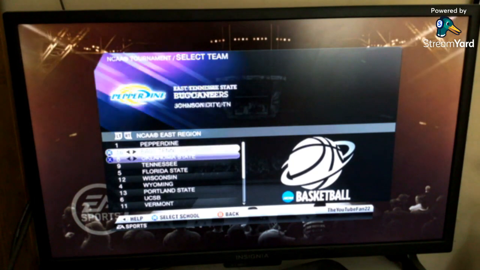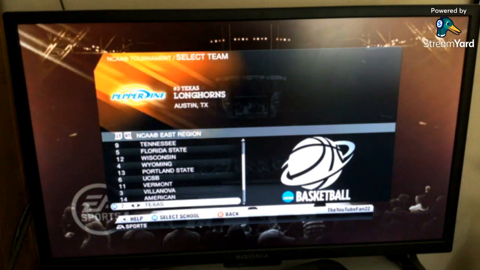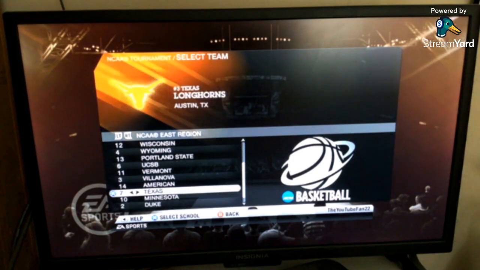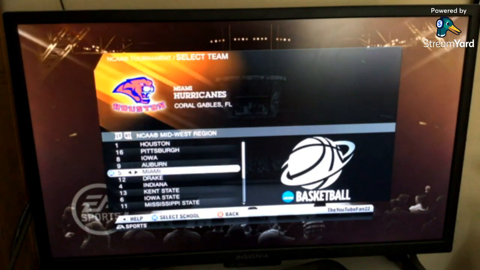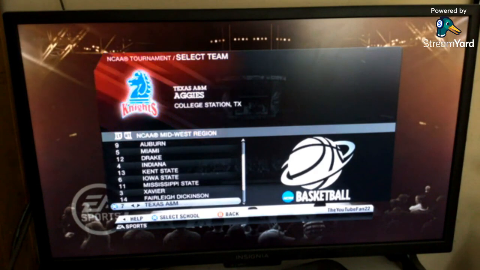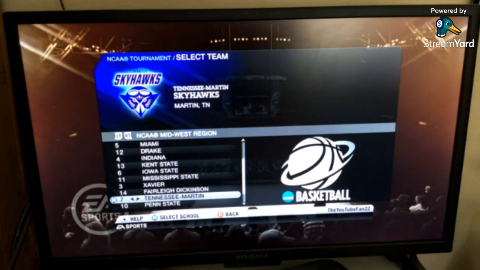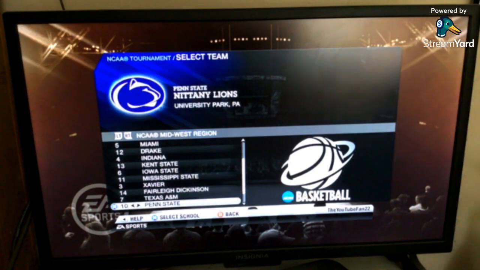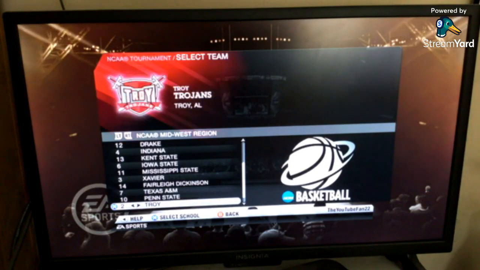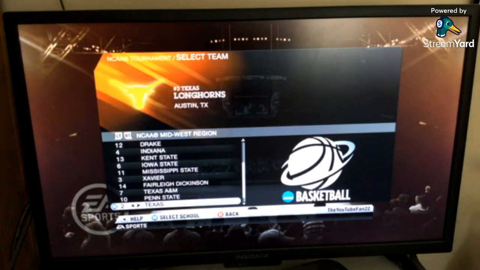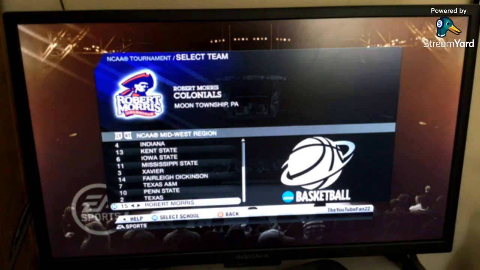Yes, Texas is listed somewhere else here in the tournament. Oh, there's Texas. I had to do that. Oh, 7 was Texas. Okay, it was 2 though. It's regular Texas. And number 15, Colgate.